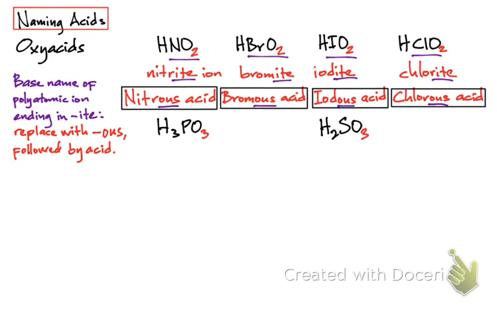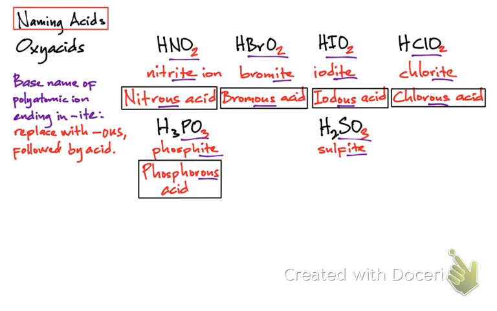And so in the phosphite ion, instead of naming it phosphous acid, it would be phosphorous acid, just like how it was for phosphoric acid. All right, again, H3PO3 is phosphorous acid. And the last one here is sulfurous acid.